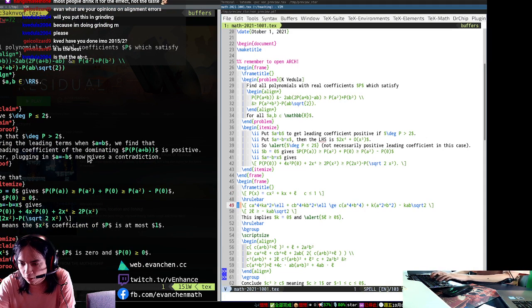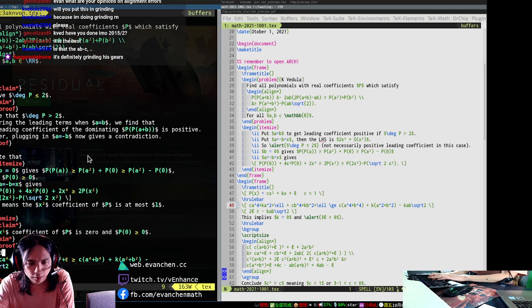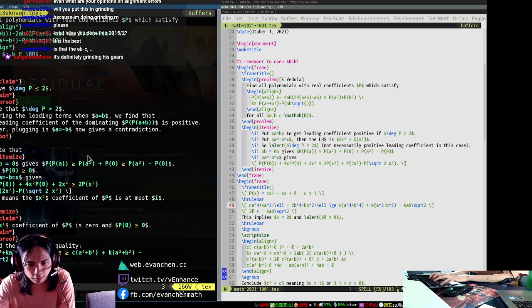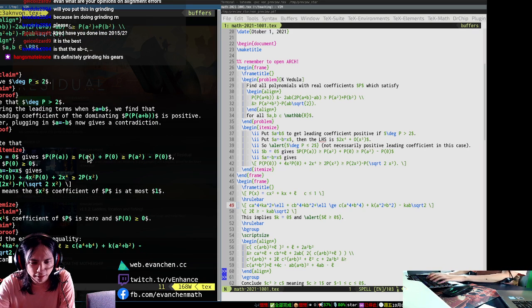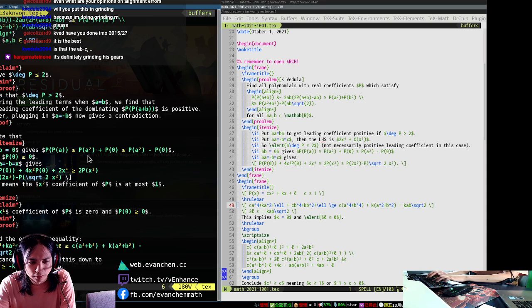So mass cancellation boils this down to 2L greater than minus KAB square root 2. That's P(x) equals x squared plus.